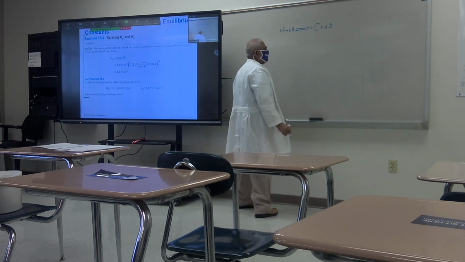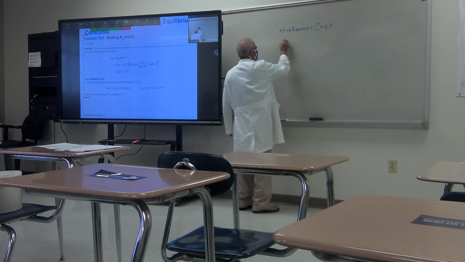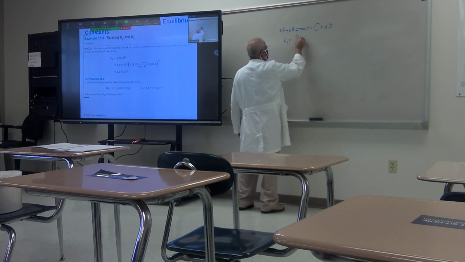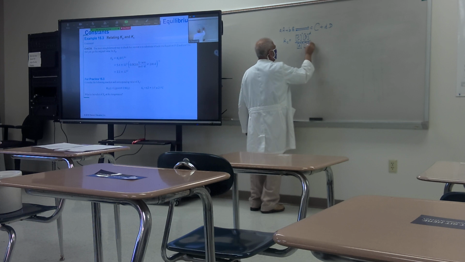Now, once this reaction reaches the equilibrium, this is what you are going to write: Kc equals molar concentration of C to the power of c, molar concentration of D to the power of d, over molar concentration of A to the power of a, and molar concentration of B to the power of b.